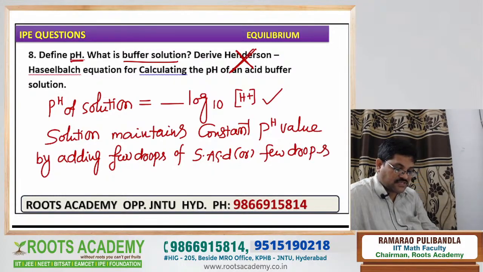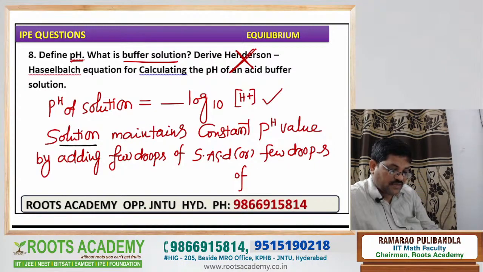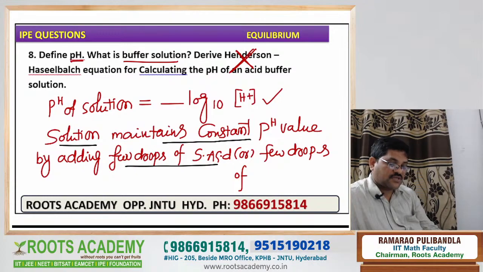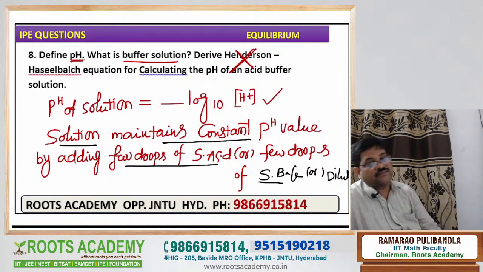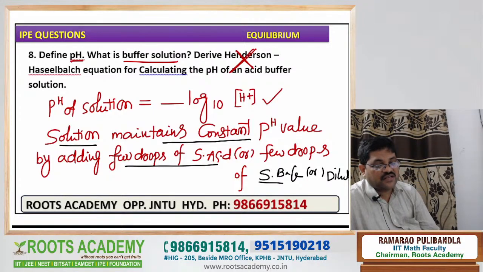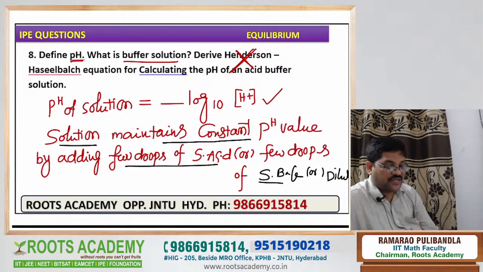Repeat the statement once again, Nana. What is the meaning of buffer solution? Buffer solution means the solution maintains constant pH value by adding a few drops of strong acid or a few drops of strong base or by dilution. Dilution means what, students? Addition of water. So the Henderson equation is not there, just for reference; they give only the 2 marks question, buffer solution statement and pH value.